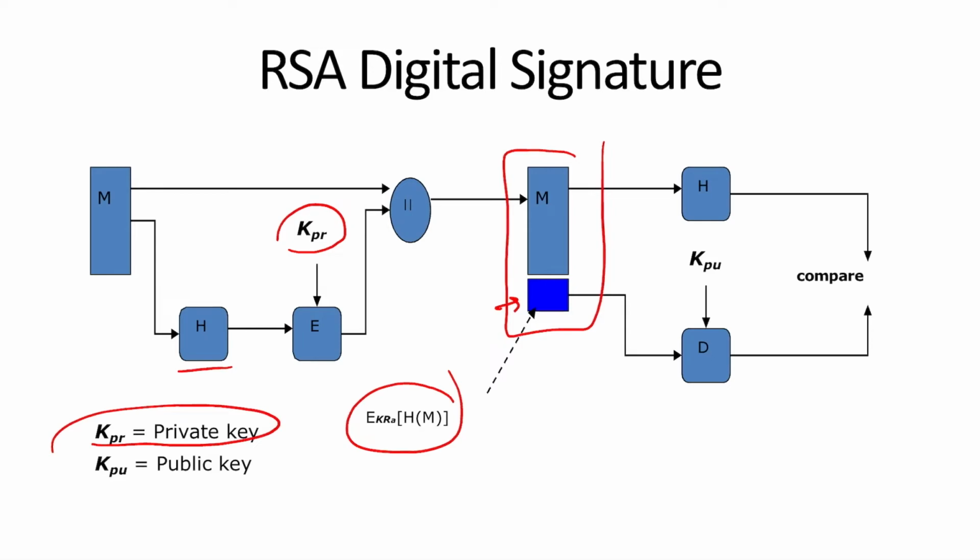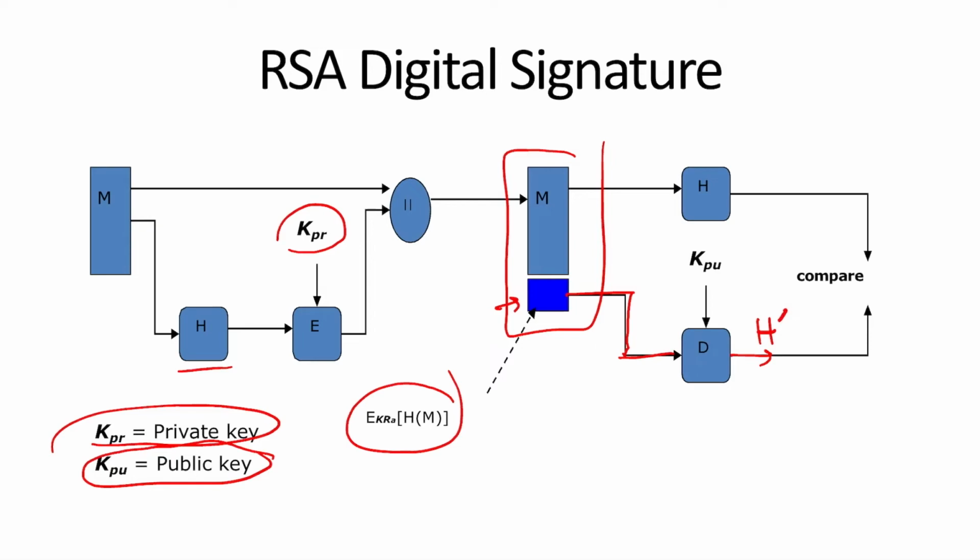To verify the digital signature, the receiver detaches the digital signature from the message and decrypts it using the sender's public key. Note that the public and private key belong to the same key pair, which is the sender's key pair. So after decryption of the digital signature, the receiver gets a hash value.